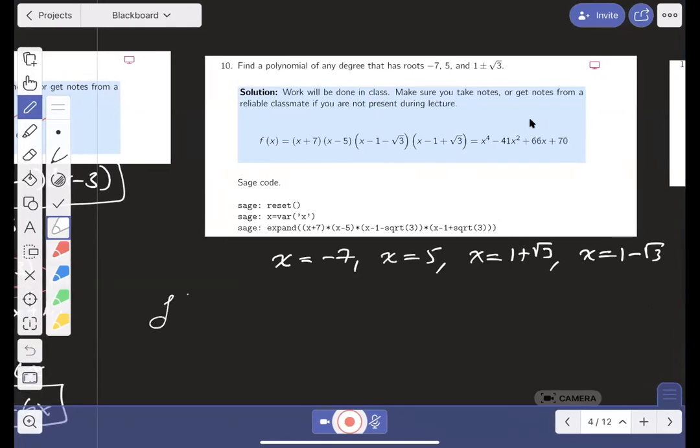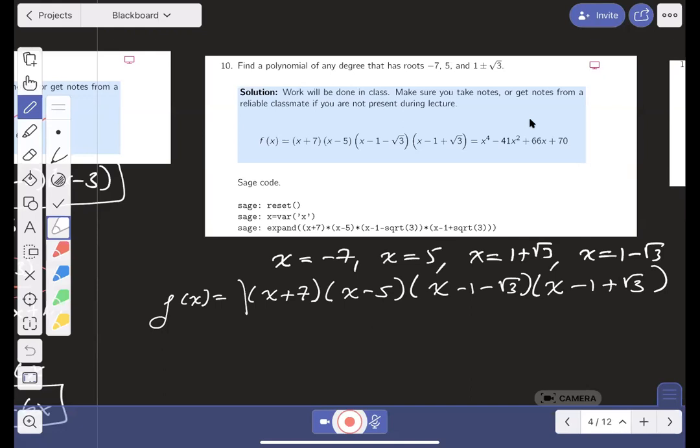So I'm going to say f of x. Well, x minus the first root, that's x plus 7. x minus the second root would be x minus 5. Oh boy, these are going to be tough ones. So x minus that root 1 plus root 3 would be x minus 1 minus root 3. And x minus that last root would be x minus 1 plus root 3.